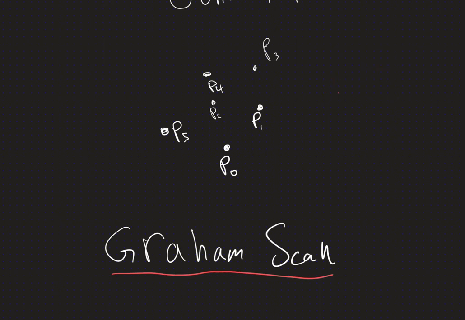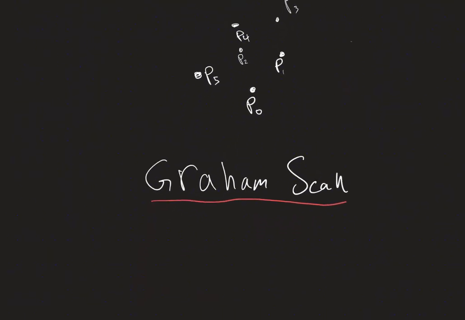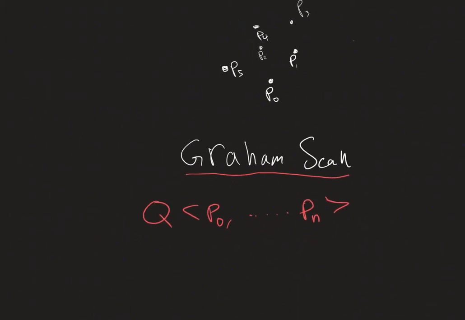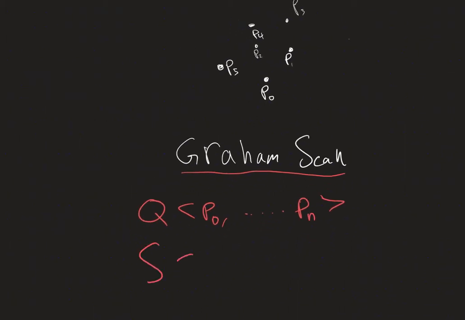And the way it works is by having a set Q that contains all our points and a stack S that contains the convex hull set.